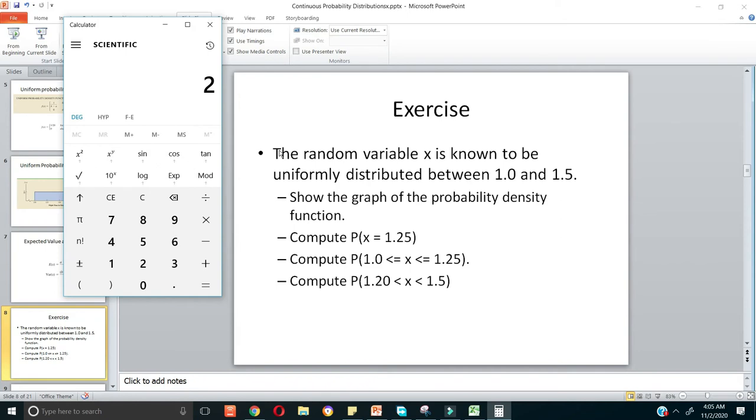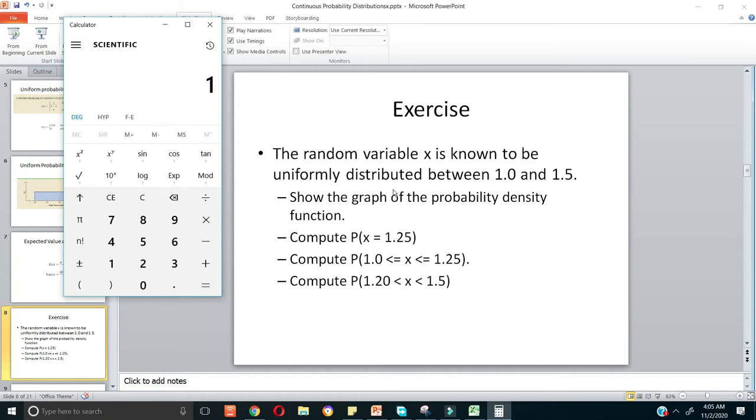Because you know the overall probability, which is the height of the graph times its entire length, which is 0.5, has to be 1, right? So that's going to be the height of the graph. You have a graph from 1 to 1.5 with a height of 2.